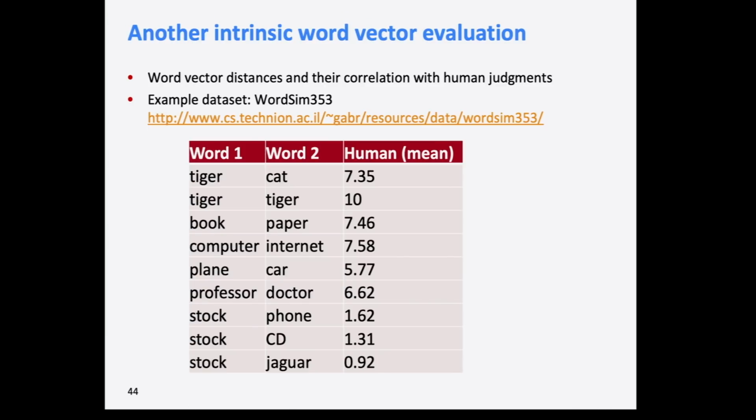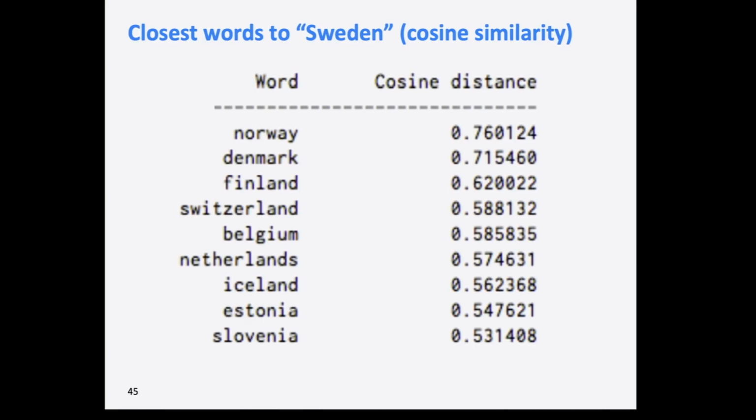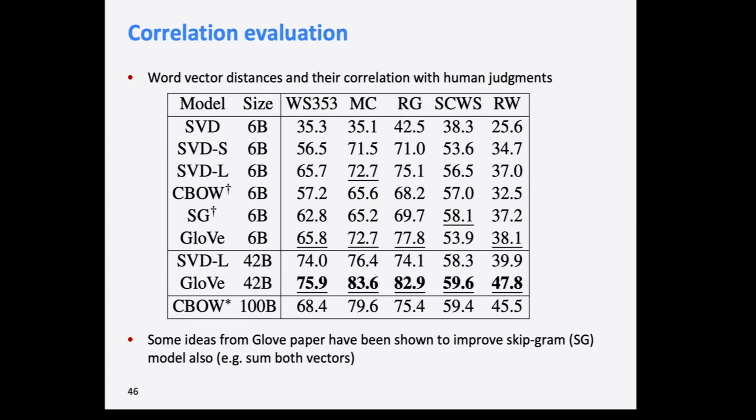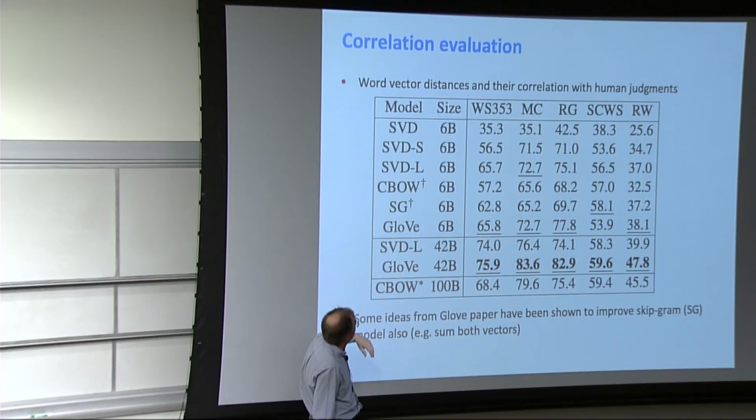So then what we're doing is wanting to say, let's use distance in the space to map directly onto these similarity judgments, and how well does it map? That sort of similarity judging has also been used for evaluating these systems. Again, here are a lot of models, again from our GloVe paper.